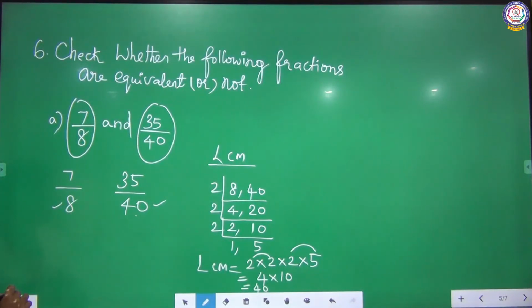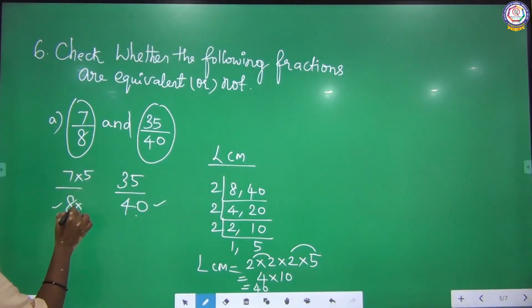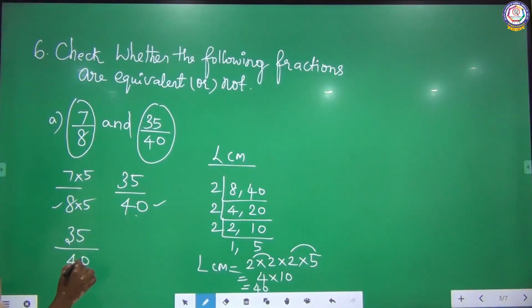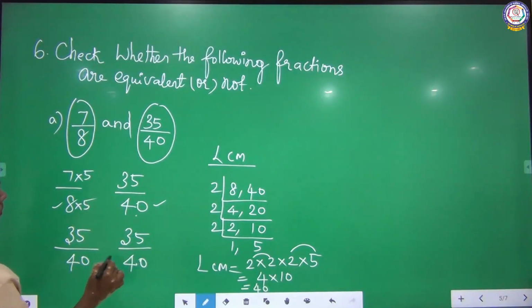8 is there. So, what do I multiply with 8 to get 40? So, numerator also I have to do the same thing. Denominator also I am going to multiply with the same number. See, 7 5s are 35 by 8 5s are what? 40. Again here 35 by 40. So, what is that?